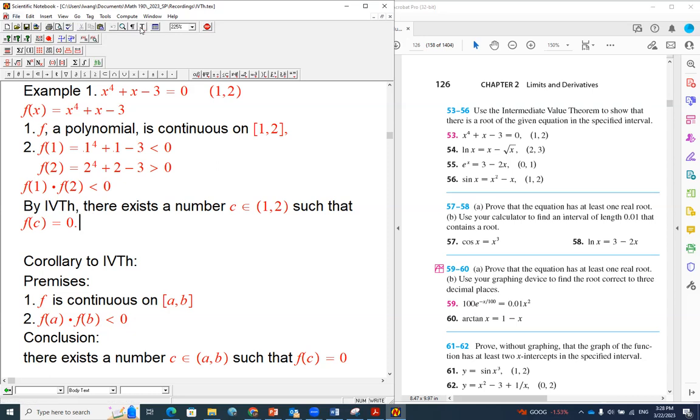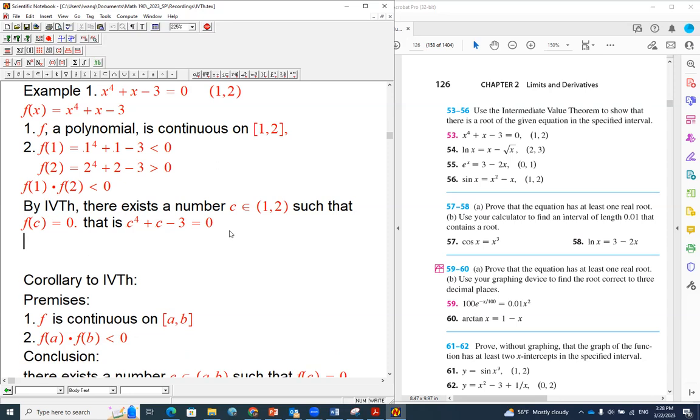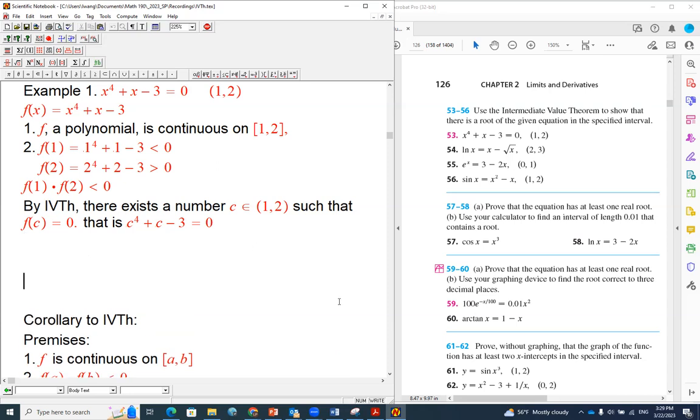What does that mean? f of c would be this piece replaced by c, which equals 0. So there exists a solution. There is a root, and that's all we need to do for this one. You're finished. So let's look at another one.